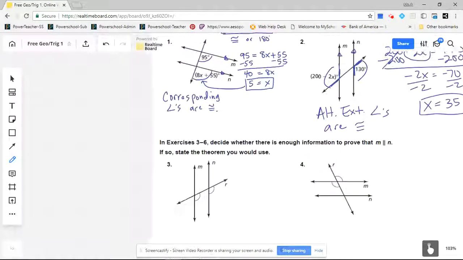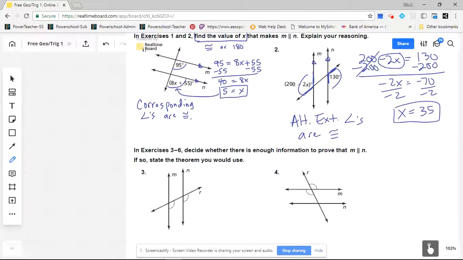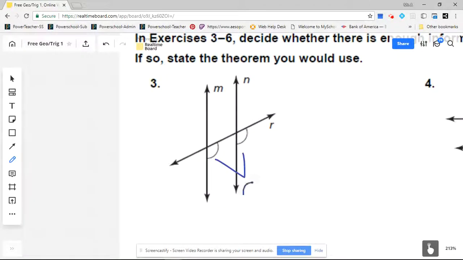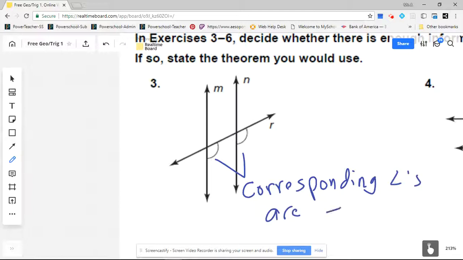So let's look at number 3. Is there enough information to prove that M is parallel to N? Can you say with 100% certainty that M and N are going the same exact direction? And the answer to number 3 is yes, those are corresponding angles. If you find that corresponding angles are congruent, then your lines have to be parallel.